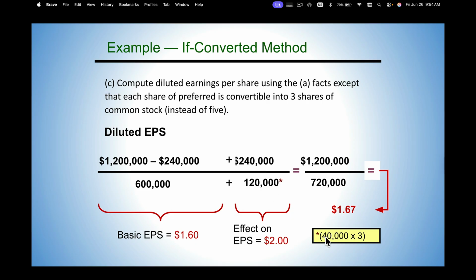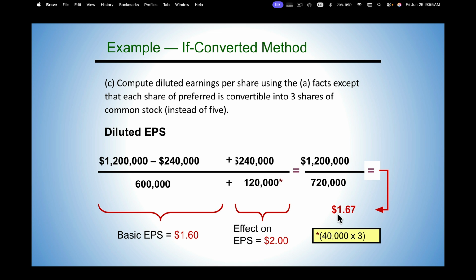But now, instead of being convertible into 200,000 shares, they're only convertible into 120,000. And this has the positive effect on earnings per share compared to the $1.60. And when we calculate it, overall, we would have an anti-dilutive effect on earnings per share.